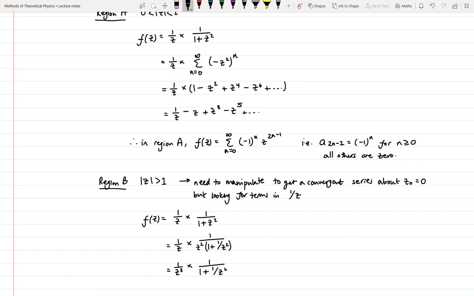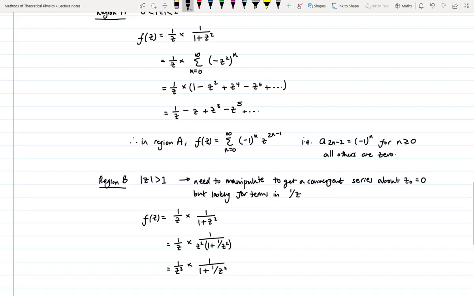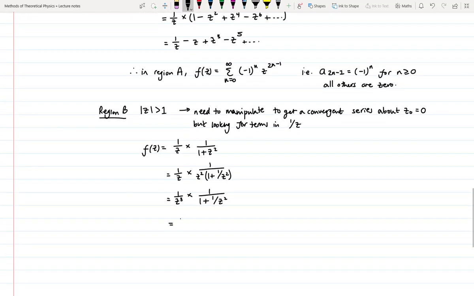And just as we did above at the top of the page, we recognise this second term as another geometric series, but this time in powers of minus 1 over z squared. This is therefore 1 over z cubed times the sum from n equals 0 to infinity of (minus 1 over z squared) to the n. And you can check for yourselves that this converges for mod of z greater than 1.